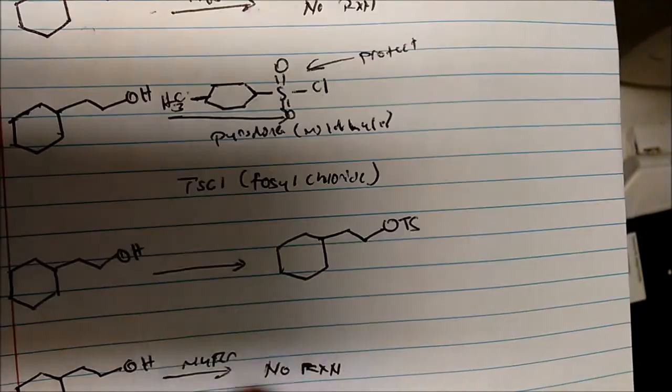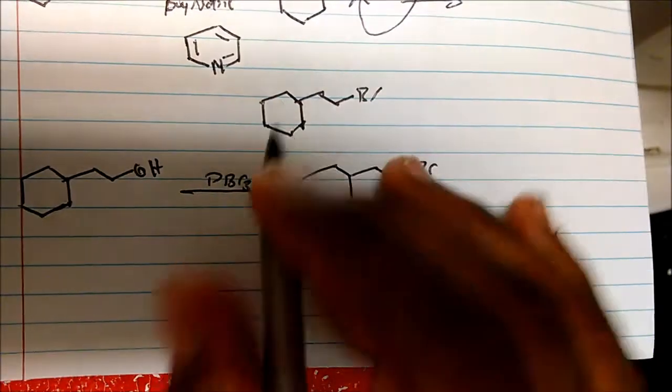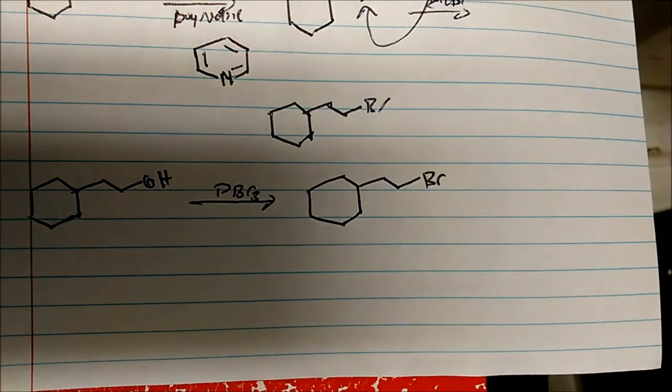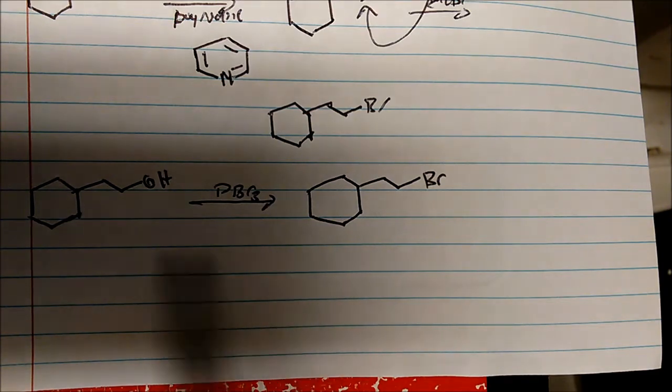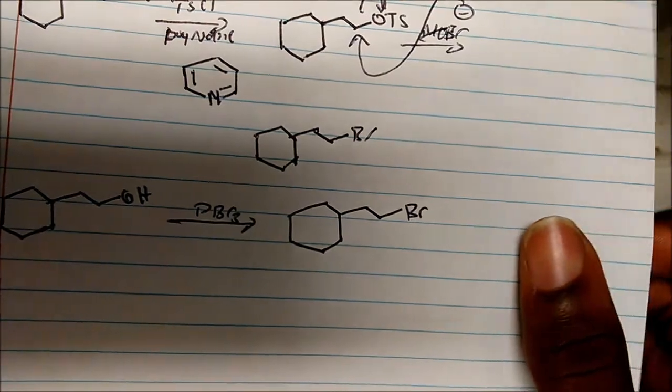You go straight to the bromine. Now remember, adding sodium bromide initially, we got no reaction, but this reagent is very useful. It's a special reagent. This just gives you automatic bromination, so it kicks off your alcohol and you get a bromine there. So this goes straight to the product that you're looking for.